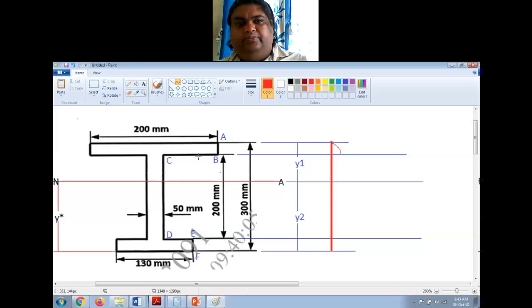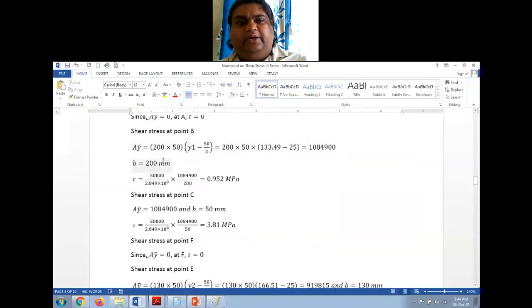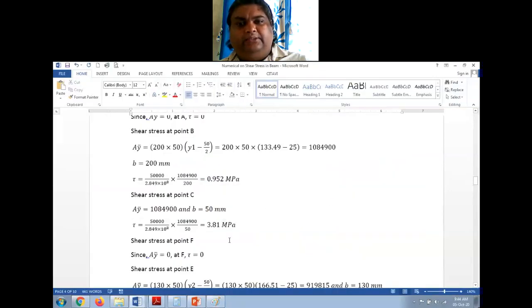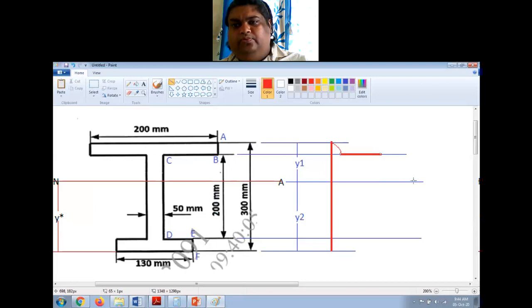At this section BC, there is a sudden increase in the shear stress at the junction of web and the upper flange, right? So at C it is 3.18. So you will get a straight line there till this value. Okay, this is 3.18. Now at neutral axis it is 4.42. So let us say it is somewhere here. So it will be again parabolic. Here it is 3 point something.